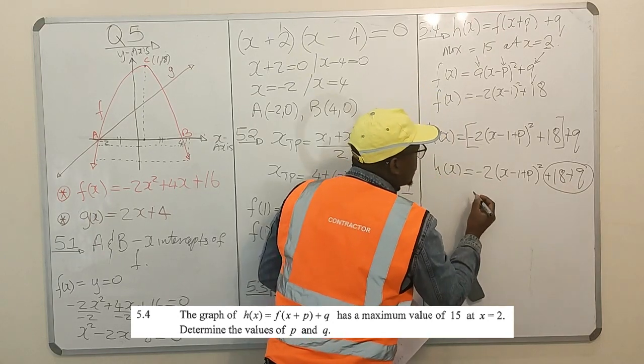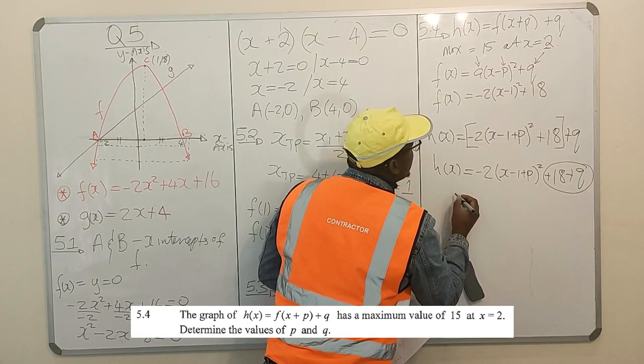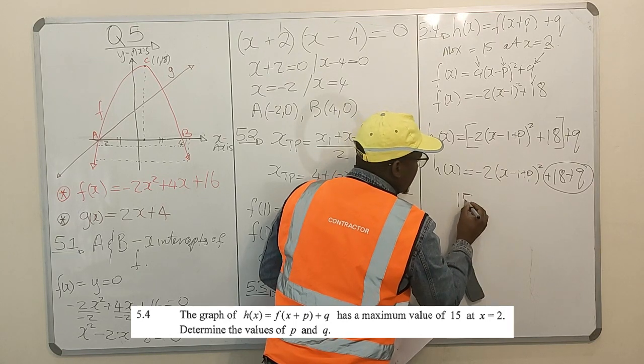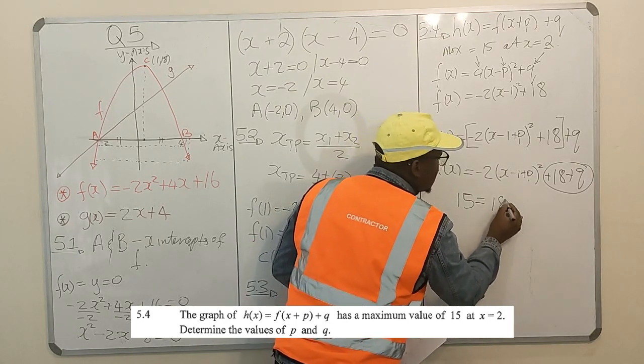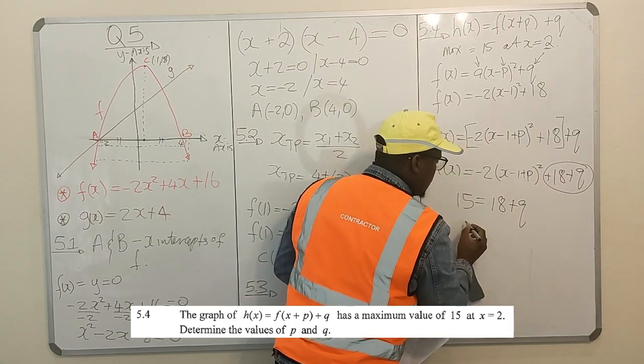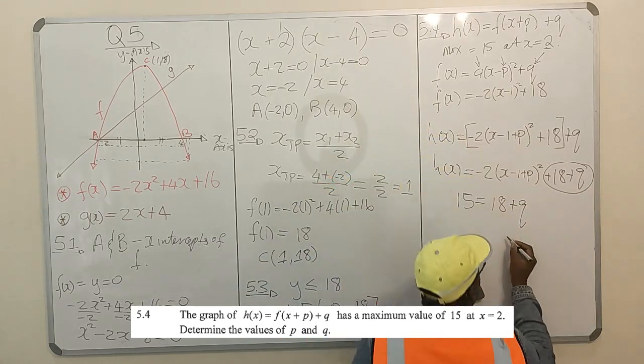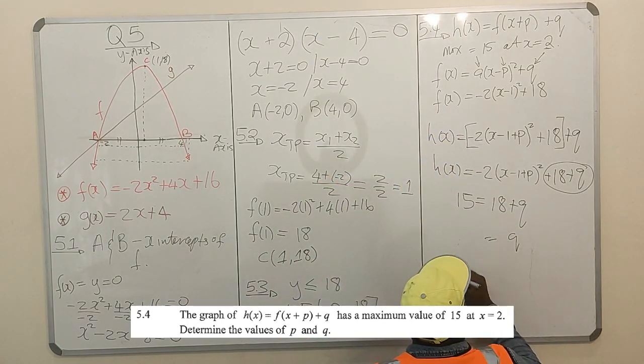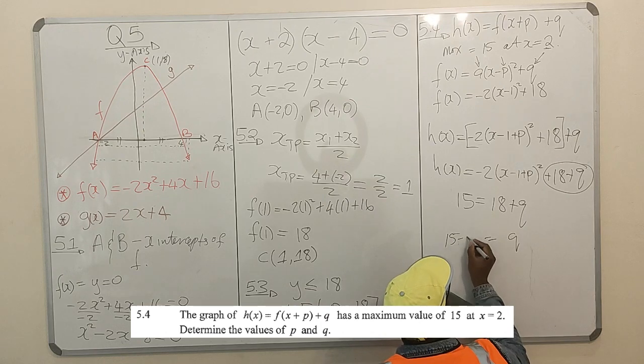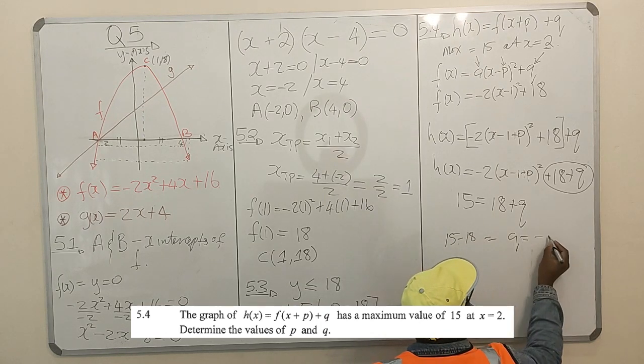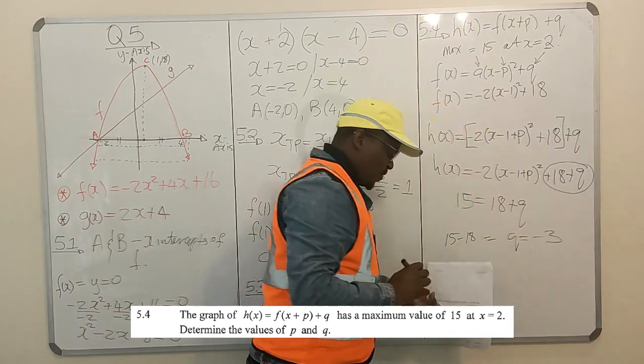So you say, okay, my maximum of 15 is equal to my 18 plus q. Then transpose the 18, you get that q is equal to 15 minus 18. Therefore, q is equal to minus 3. Done that.